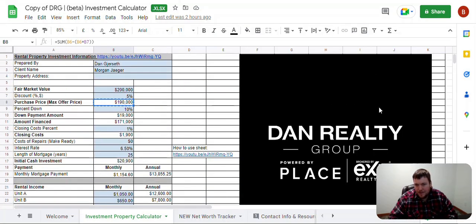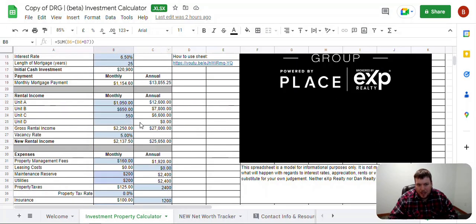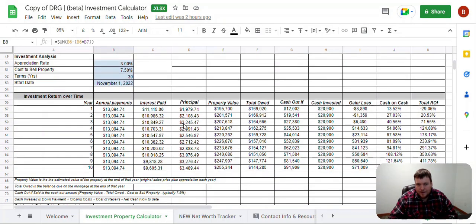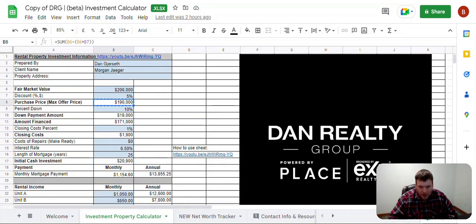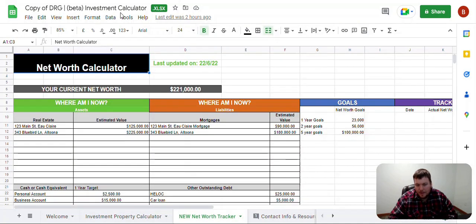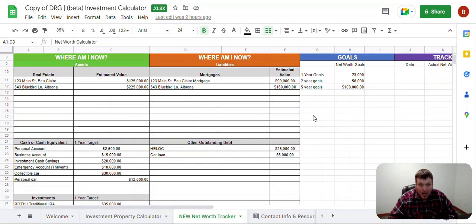This is his, with his big old sign there as well. It has all the same stuff up top, so you can still get the same answers. You just won't have the debt service coverage ratio, the cap rate, or the market value analysis. But his has these net worth trackers, which are pretty cool. He put this stuff in as an example, so this isn't my info.